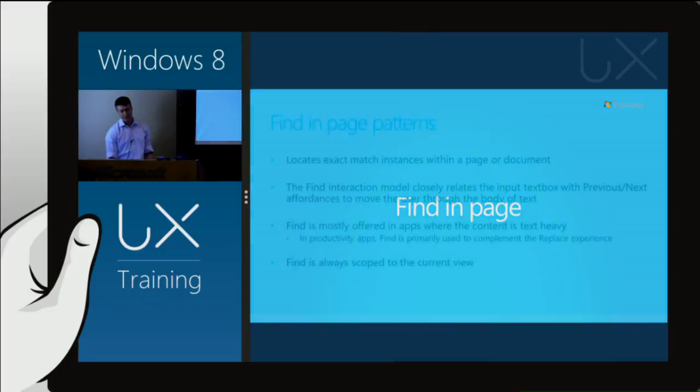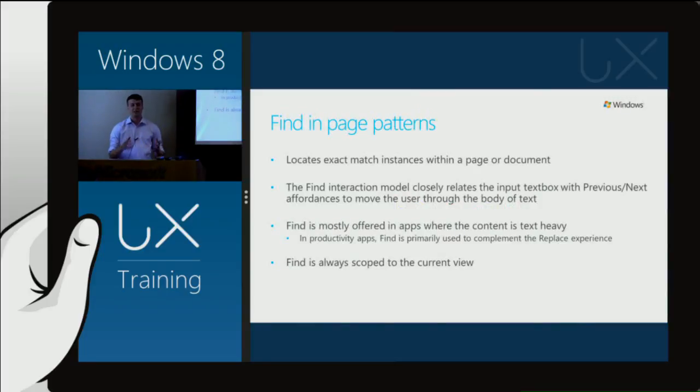Find in page. The key thing about find in page is that it's not the same thing as search. What we've found from our studies is that users have very different models for how they think about find on page versus how they think about search. Find on page is really about locating the exact instance of the text that you're trying to find in the current document or article that you're looking at, and being able to navigate between the different instances of that term.